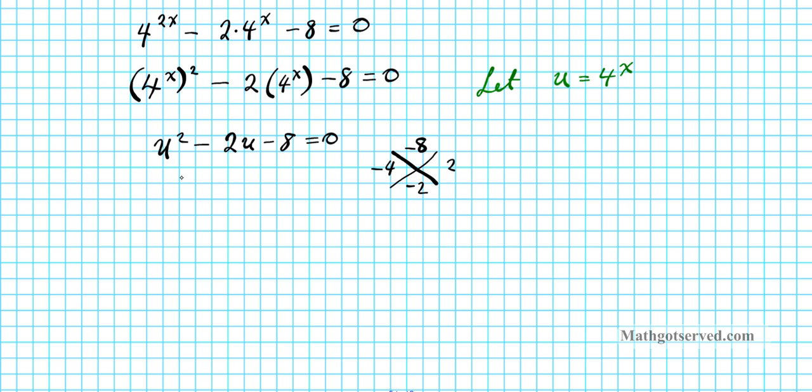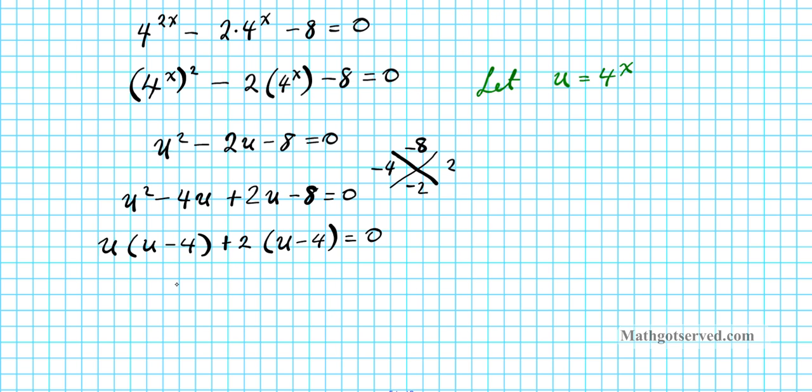So we're going to have u squared minus 4u plus 2u minus 8 equals 0. So let's factor this. Factor out u. We have u minus 4 plus 2 times u minus 4 here also equals 0. So we have u minus 4 times u plus 2 equals 0.